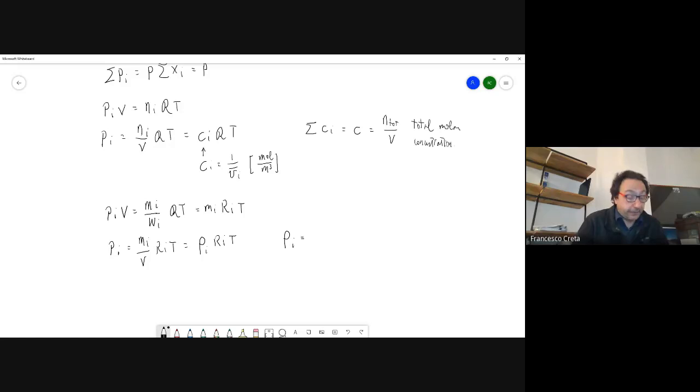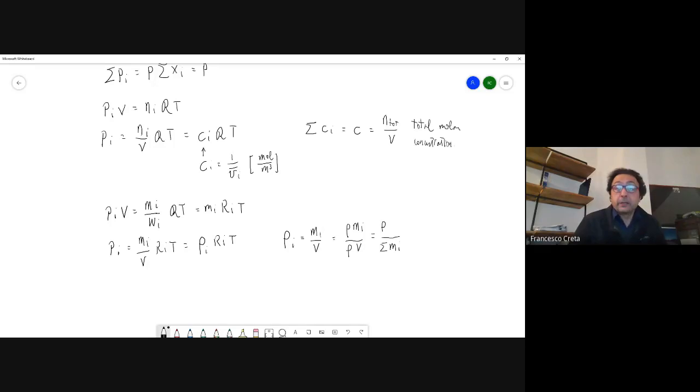Let's see about this mass concentration of i. We said by definition it is equal to the mass divided by the volume. Well, you can multiply top and bottom by rho, and clearly now at the denominator you have the total mass of the system, which is the summation of all the masses of all those constituents.